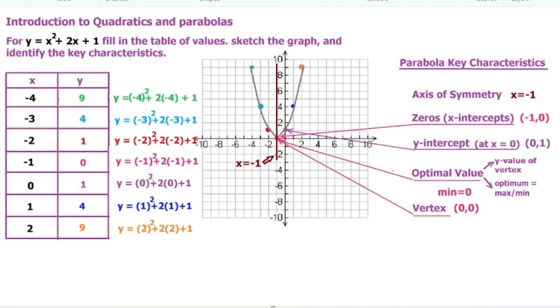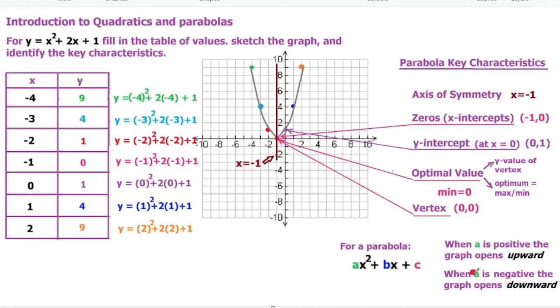And then one final thing that you need to know about parabolas for now is that the equation always takes the form of this, ax squared plus bx plus c. We could see we have that form right here, okay? So when a is positive, the graph opens upward.